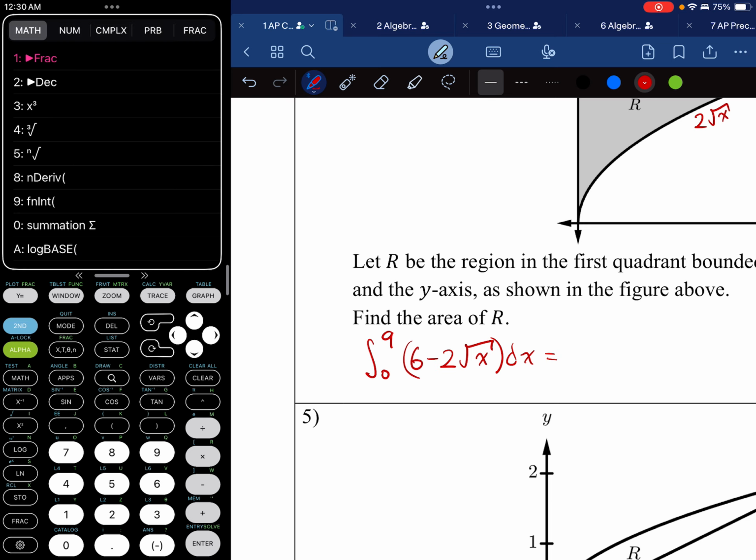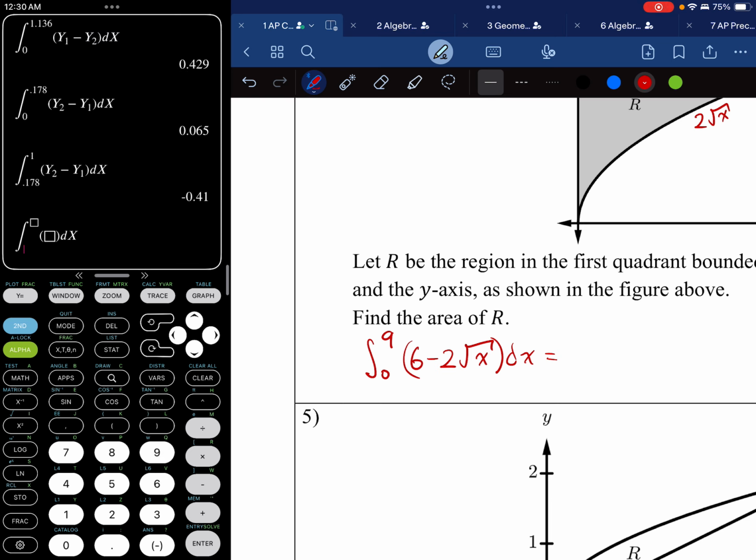So this is going to be math 9. I don't even need to do any graphing. 0 to 9 of 6 minus 2 square root of x. Done. You get exactly 18.